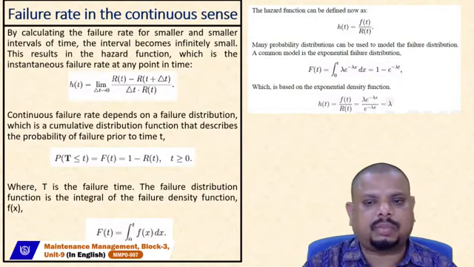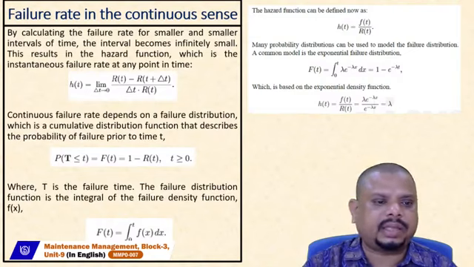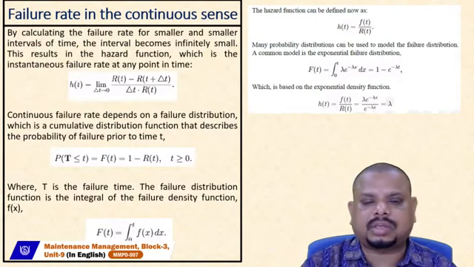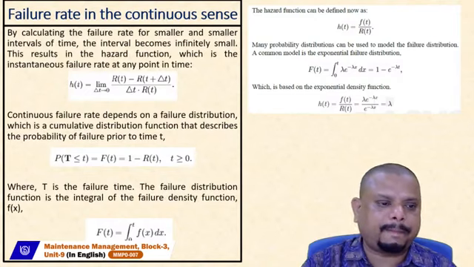That can be mathematically expressed as h(t) = limit delta t to 0 of R(t) minus R(t plus delta t) divided by delta t into R(t). So this is equation 1.